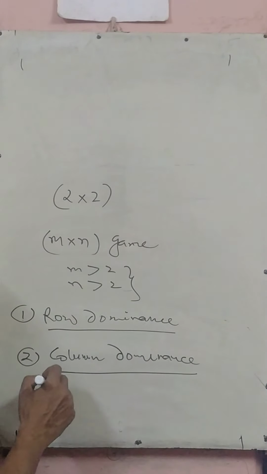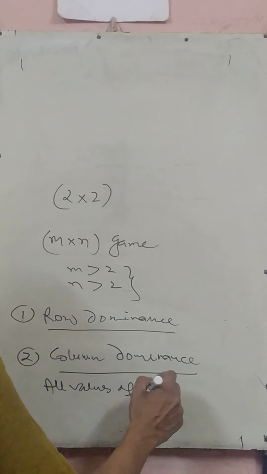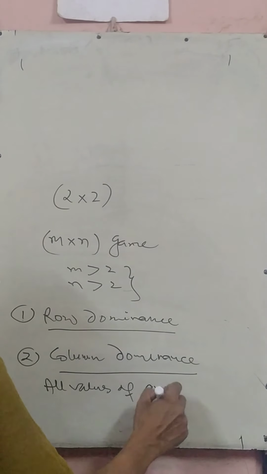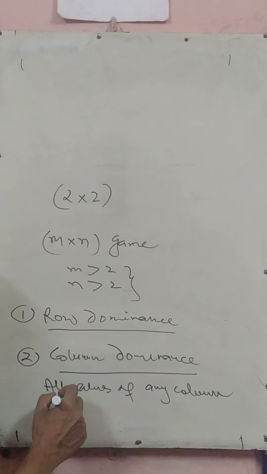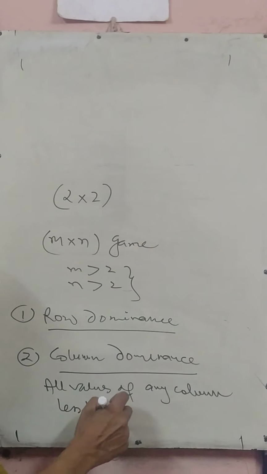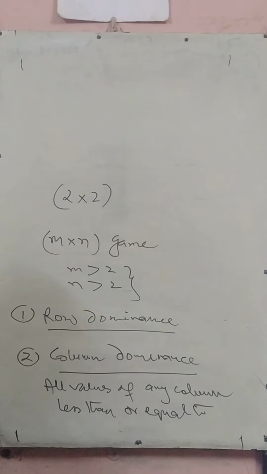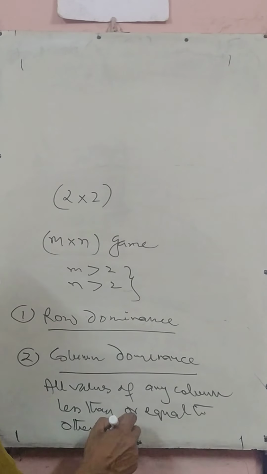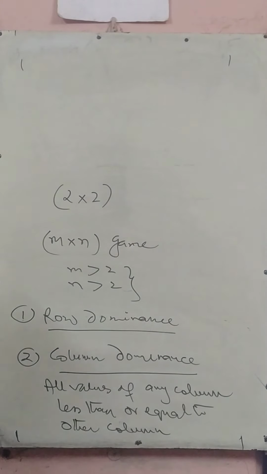That means if all values of any column are less than or equal to the corresponding values of another column, then the column having the lower values will dominate the column having the higher values.